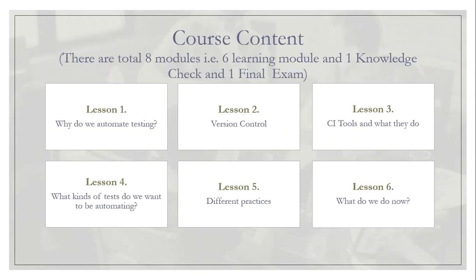So what is the course content in order to get your certification? There are a total of 8 modules: 6 learning modules, 1 knowledge check module, and 1 final exam. Lesson 1 covers the basic concept of automation testing.